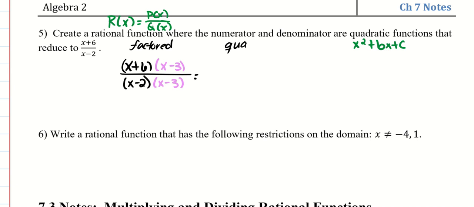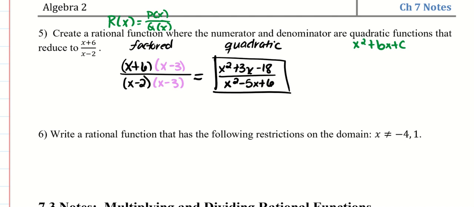We want a quadratic function, which means we need to multiply our factors back together. So we have x squared plus 3x minus 18 over x squared minus 5x plus 6. So we have 2 quadratics, numerator and denominator, that are multiplied back together. So we went in the reverse order.